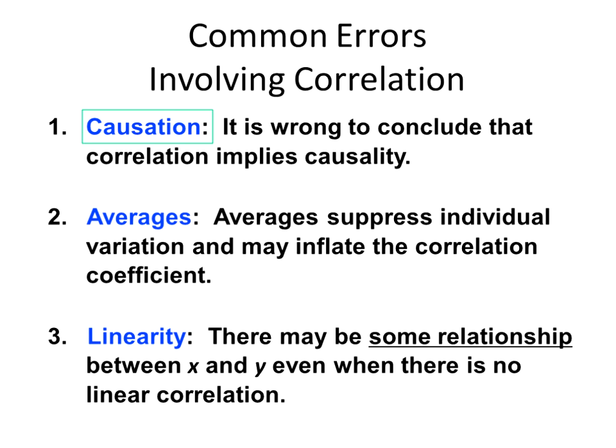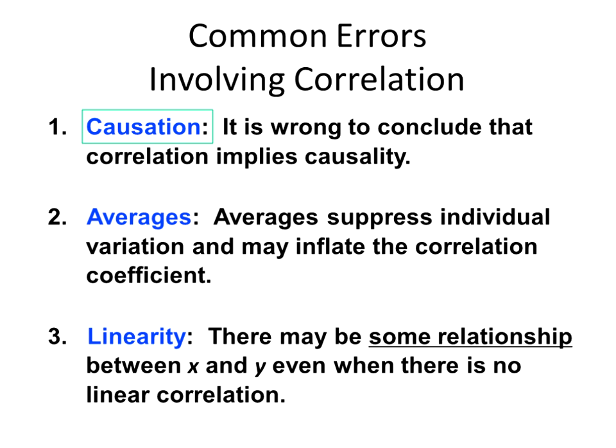It doesn't mean that one causes the other one to happen. So when we say there's a linear correlation or a linear relationship, that does not imply that one causes the other one to occur. So you have to stay away from that.